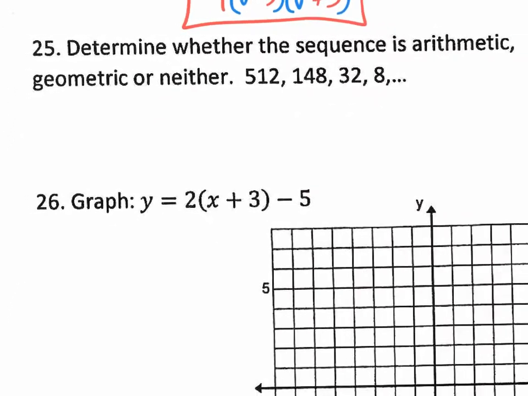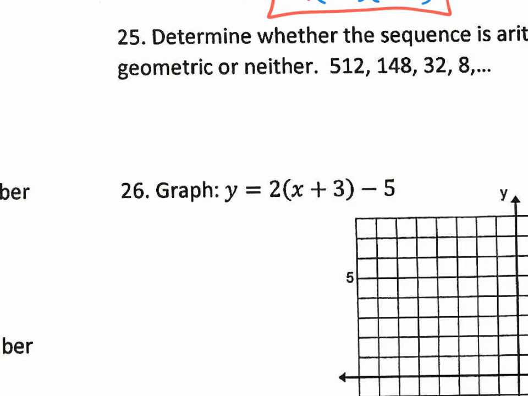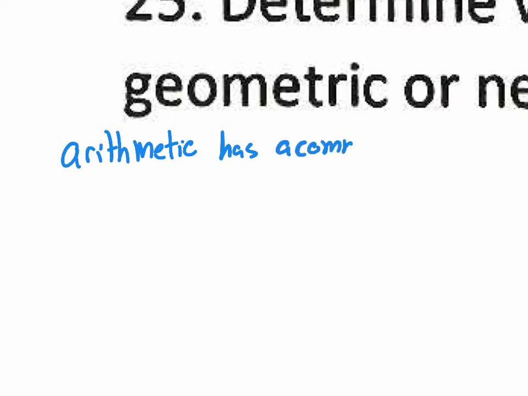Determine whether the sequence is arithmetic, geometric, or neither. So maybe we need to do a quick little bit of notes right here. Let's jot down arithmetic. Now, arithmetic has a common difference.